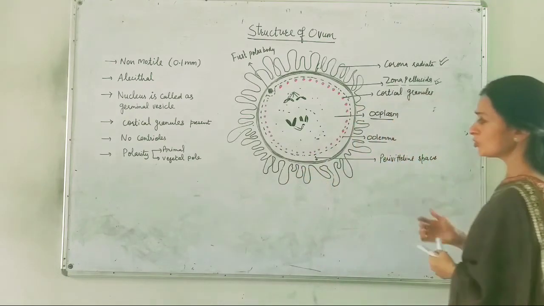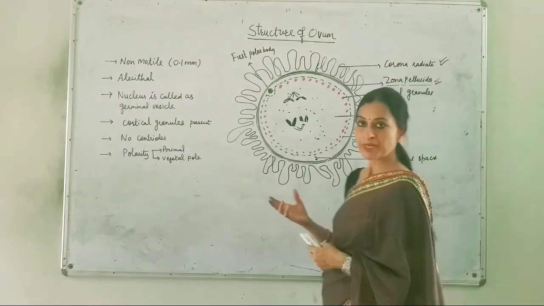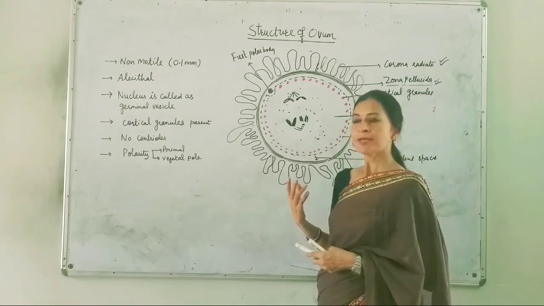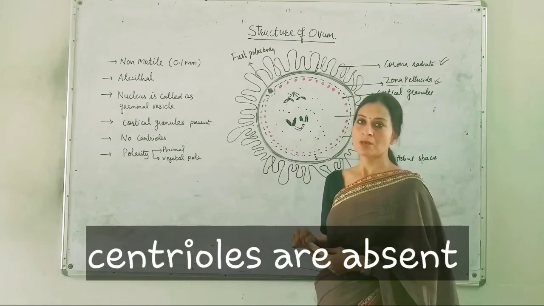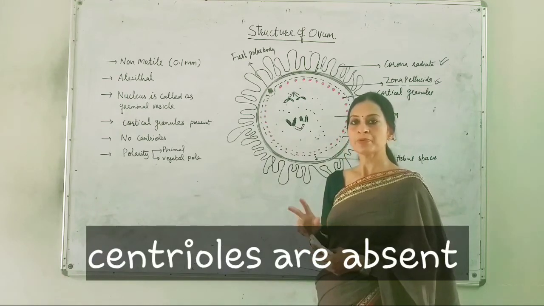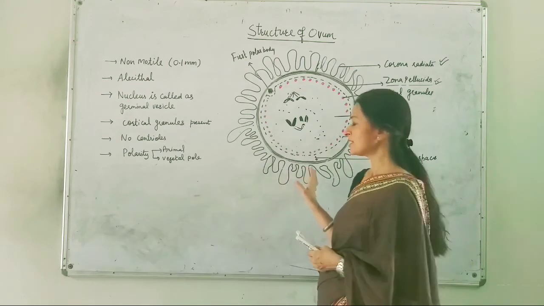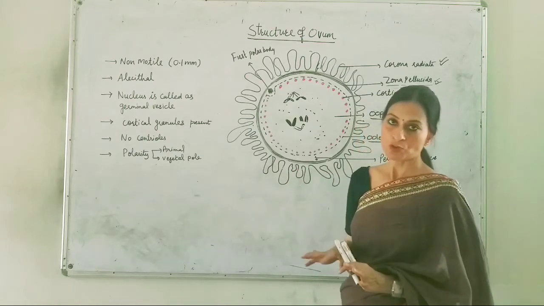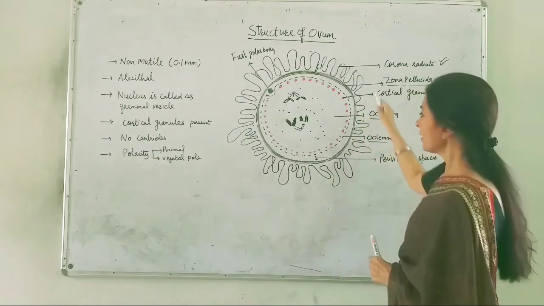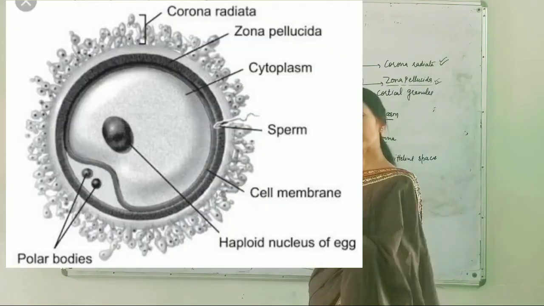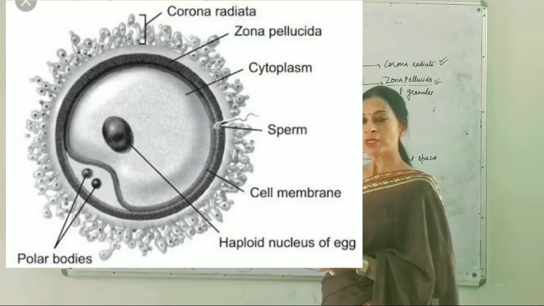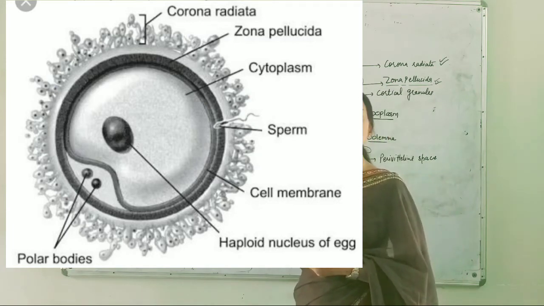And one more thing you can mention here, that as in case of other animal cells, there are centrioles. Two centrioles are present in each animal cell, but this cell is not having any centriole also. Okay. So I have shown this structure. You can call it ovum, but you should actually call it developing ovum.